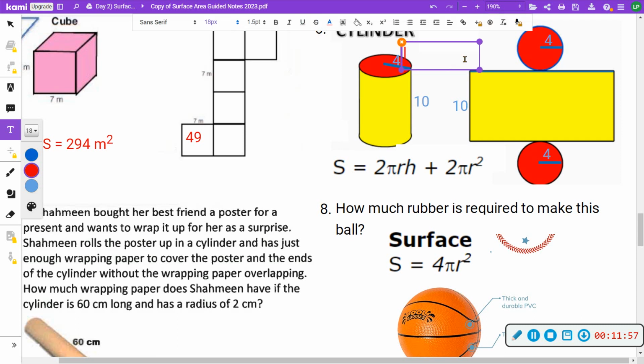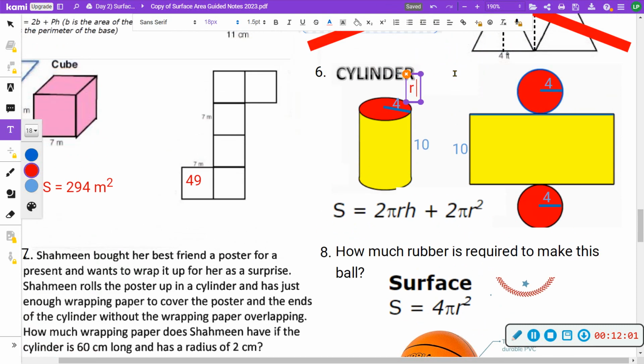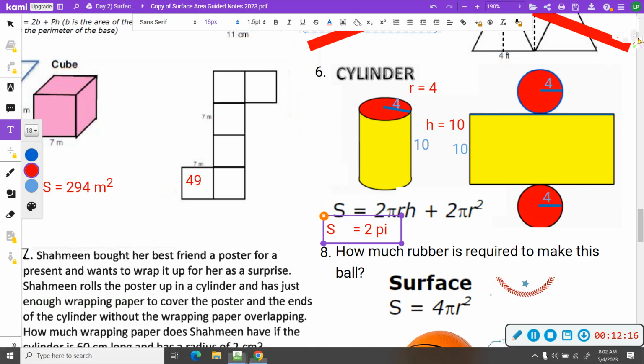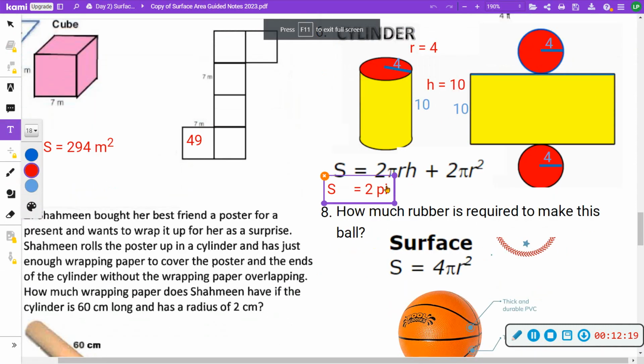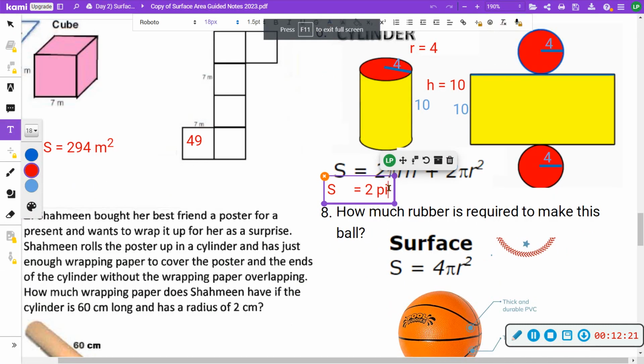So radius is 4. That's my radius. And then my height is 10. And so when I plug in this formula, 2 pi, so it'd be 2 times pi times my radius. My radius is 4. My height is 10.